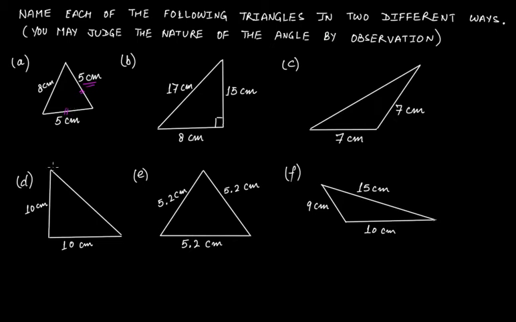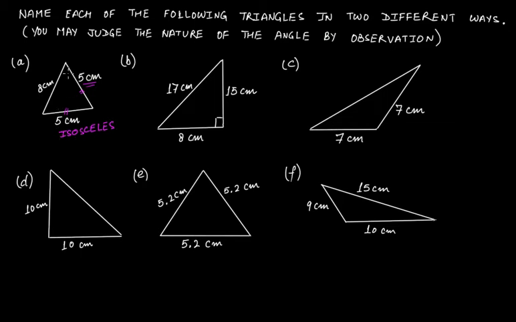Since these two sides are equal, therefore we can say that this is actually an isosceles triangle, because the third side is not equal, therefore it cannot be an equilateral triangle, but its two sides are equal, therefore it is an isosceles triangle.